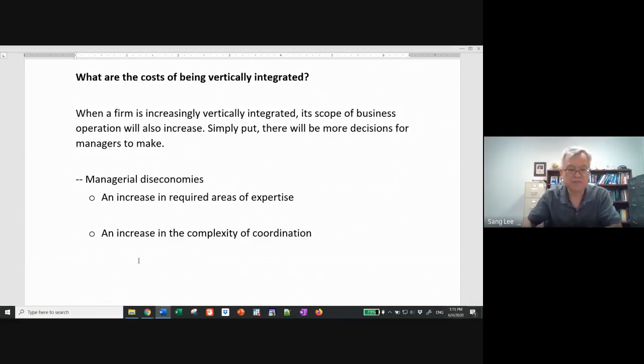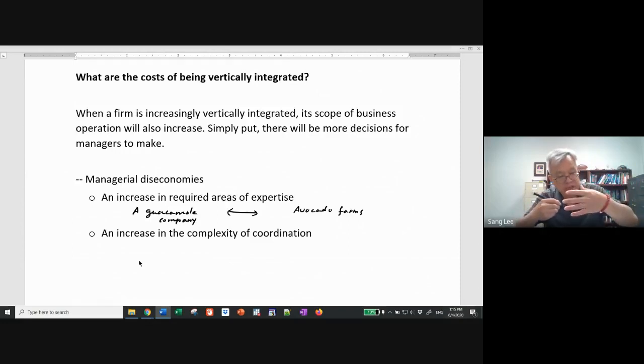So here, for example, you have a guacamole company, and here, avocado farms. Previously, these two independent companies had market transactions, and this guacamole company purchased a lot of avocados from these farms. But now, what if they are vertically integrated?